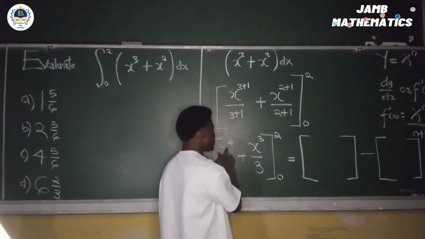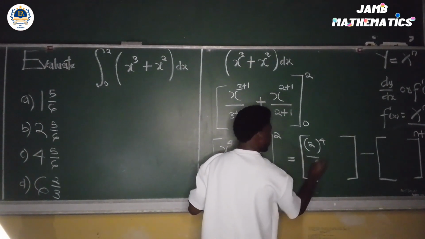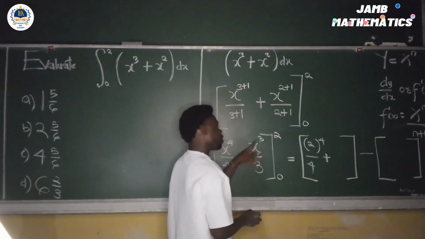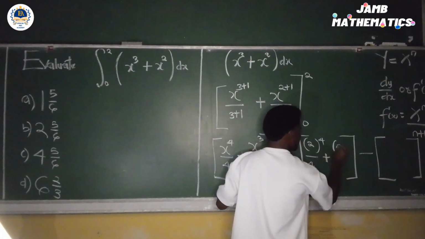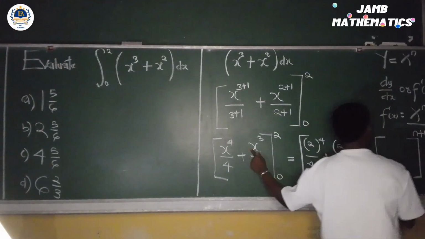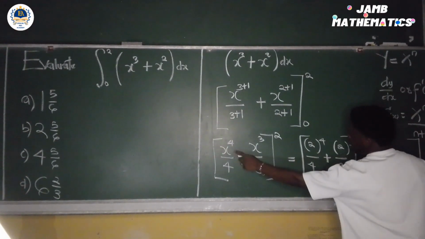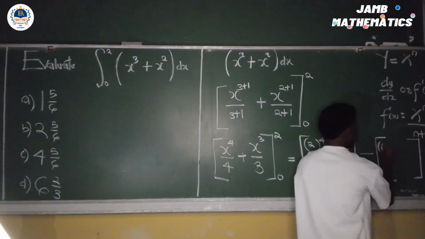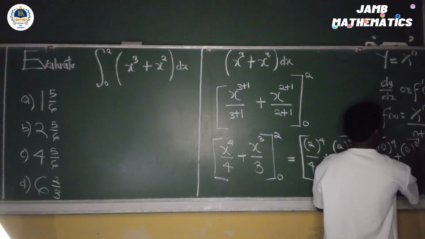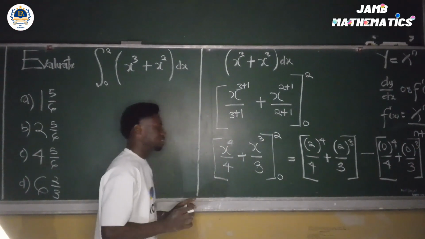So x raised to the power of 4 becomes, in bracket, 2 raised to the power of 4 all over 4 plus x raised to the power of 3, in bracket, 2 raised to the power of 3 all over 3. Then, in the second bracket, instead of writing 2, it will be 0. So that will be 0 raised to the power of 4 over 4 plus 0 raised to the power of 3 over 3. That is the basic principle in upper and lower limits.